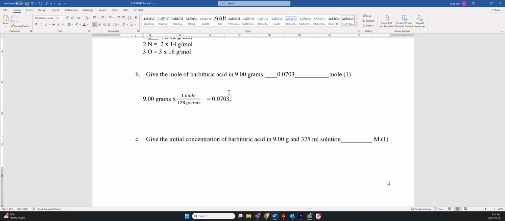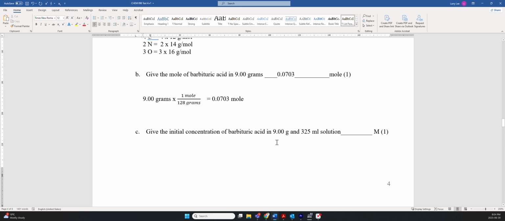Now, give the initial concentration of barbituric acid, 9 grams in 325 mL. So we already have the moles and the volume.